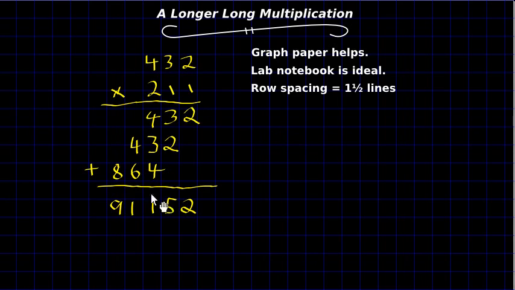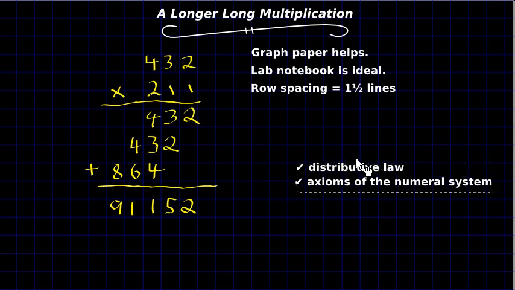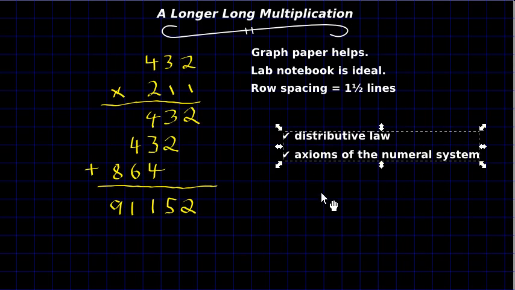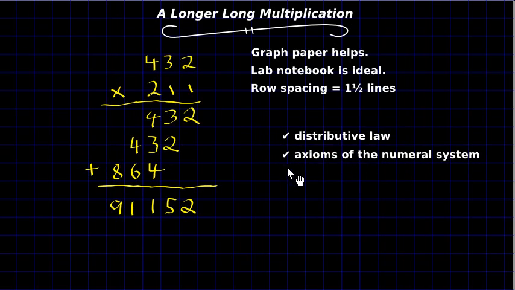So we did this problem once in terms of just method. Pick this apart, do this, line up that. Well, it's all very mechanical. But I'd like to point out that everything we did here is well justified in terms of the distributive law and the axioms of the Hindu numeral system here. So in particular, this is 432 times 1.